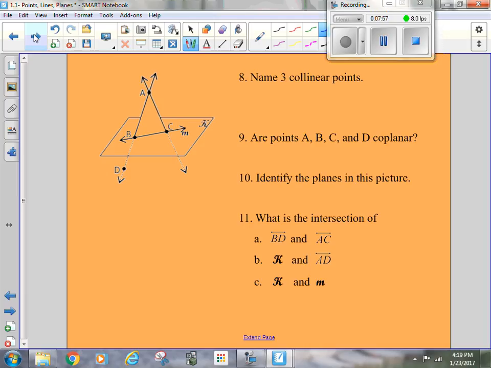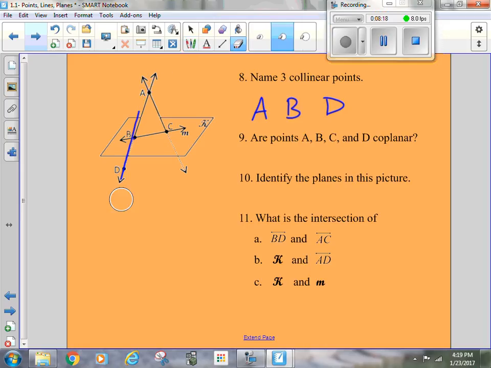So now, naming 3 collinear points using this figure, we could use A, B, and D, because we have A, B, D all lying on the same line.